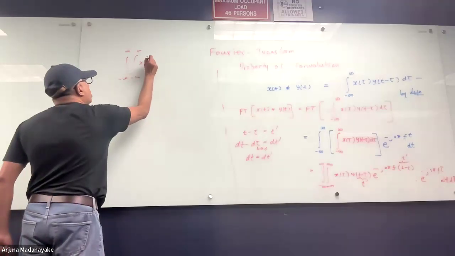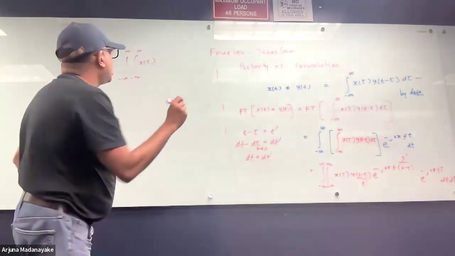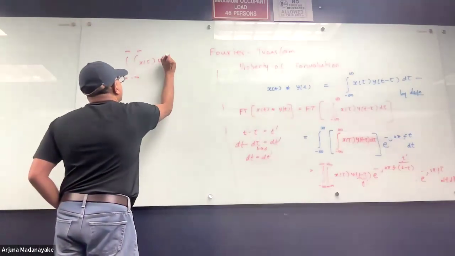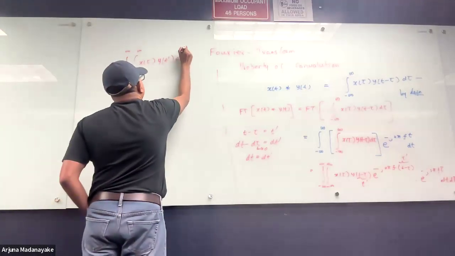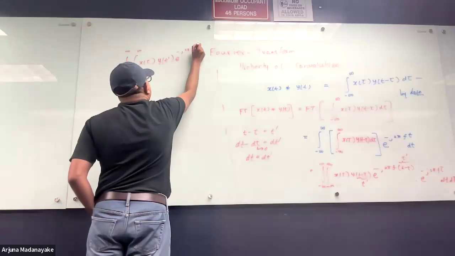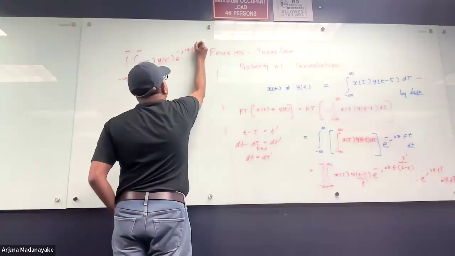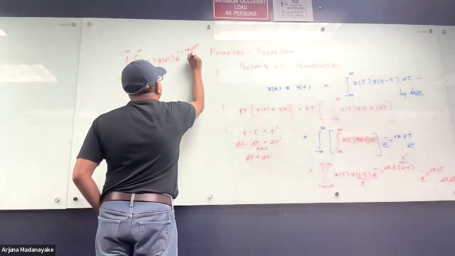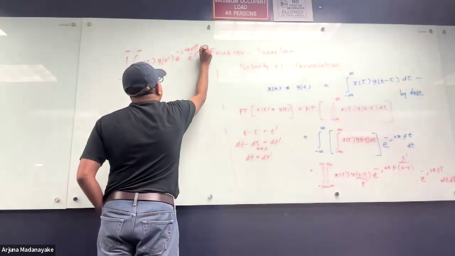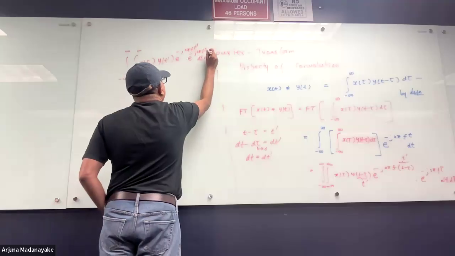I have x of tau, correct? Then I have y of t prime e to the minus j 2 pi f t prime. Then I have e to the minus j 2 pi f tau d tau dt prime.